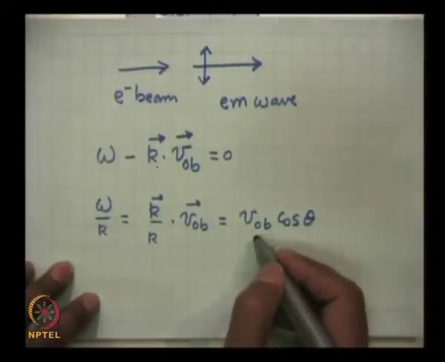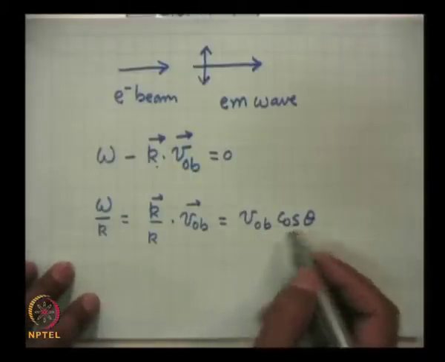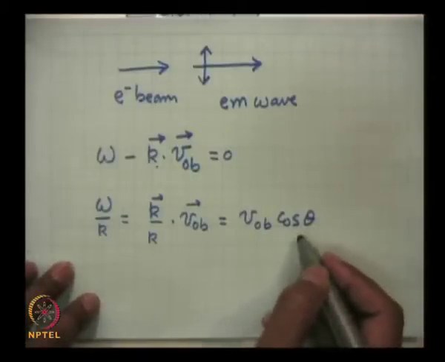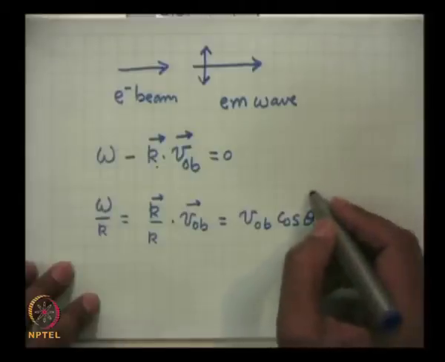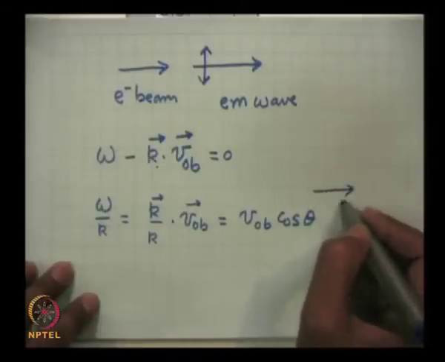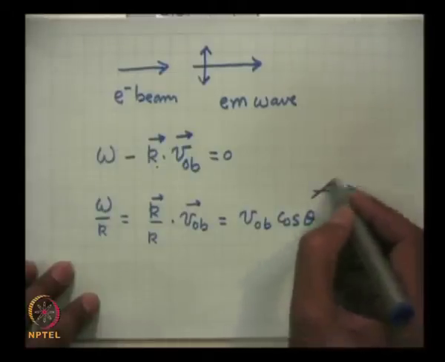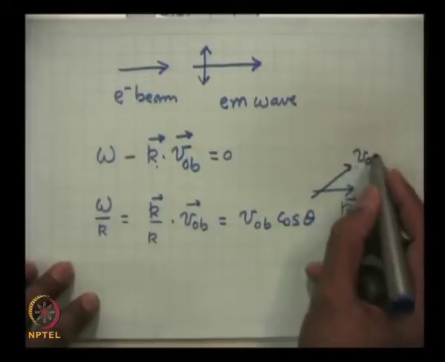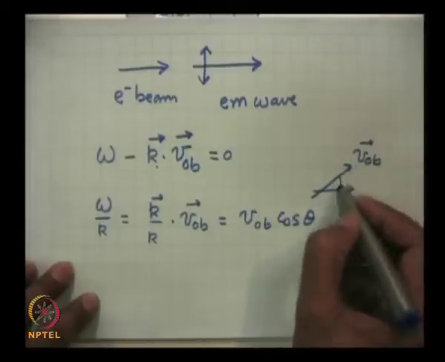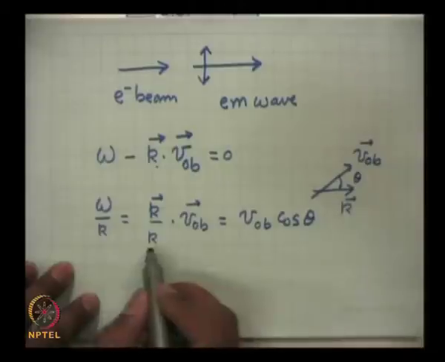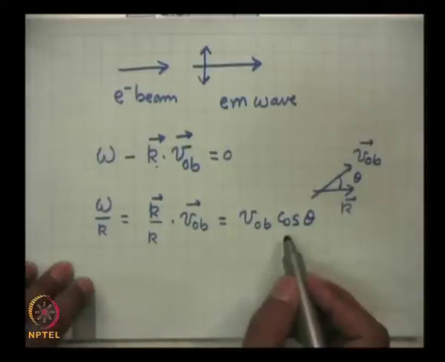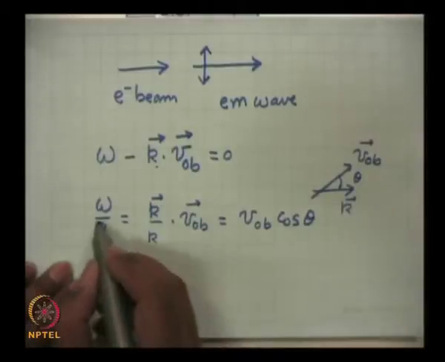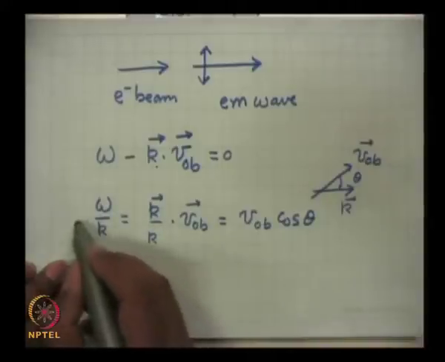Because V0b is less than c, V0b cos theta is also less than c. Suppose this is my k and this is my beam velocity. If the angle between the two is theta, then this condition cannot be satisfied in free space, because omega by k is c.